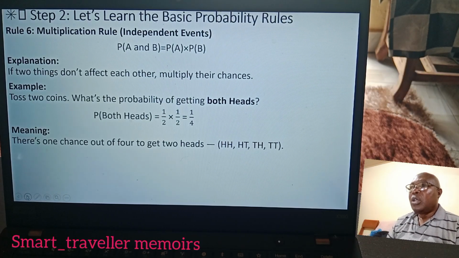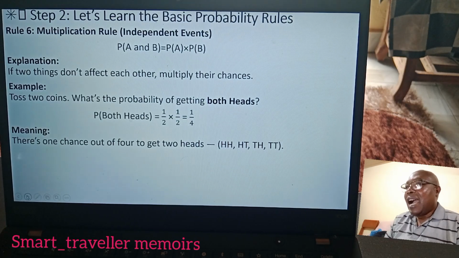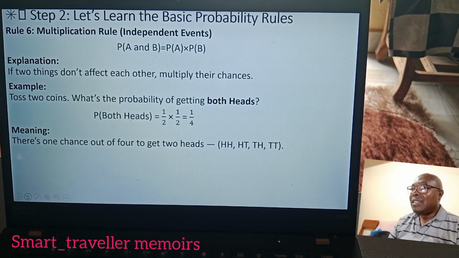For example, toss 2 coins. What's the probability of getting both heads? P(both heads) equals 1/2 times 1/2, because the probability of getting a head is 1/2, and the answer becomes 1/4.